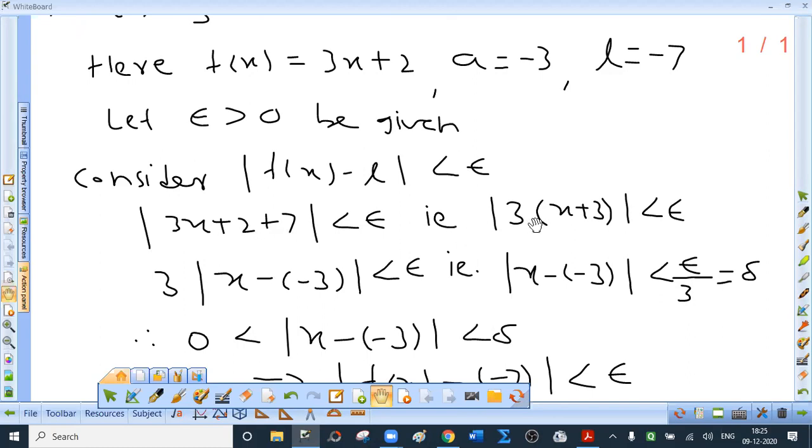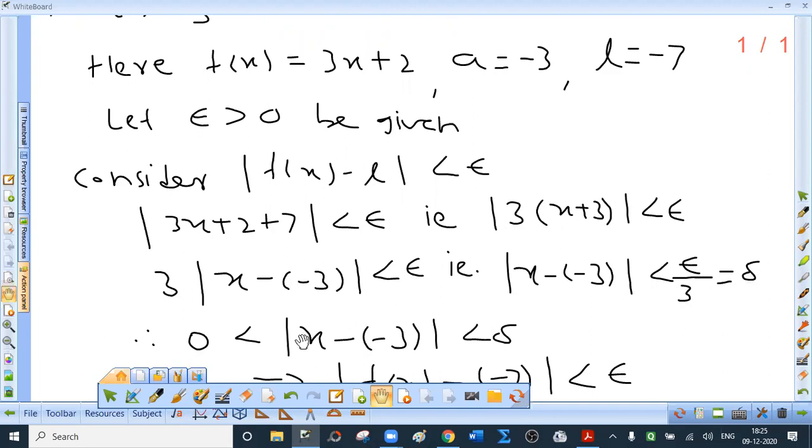Take 3 common. Now 3 is positive, so I can write this as 3 mod of x plus 3, which can be written as x minus minus 3. Why write like this? Because a is not 3 and we need x minus a, and a is minus 3. Simple. Now epsilon by 3 is again positive. Suppose it is delta.